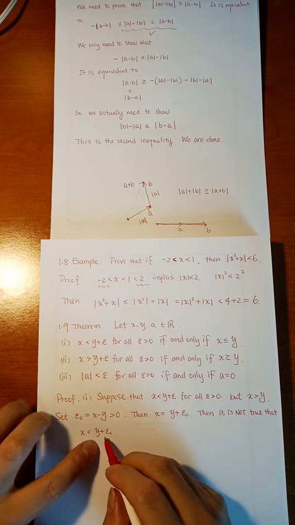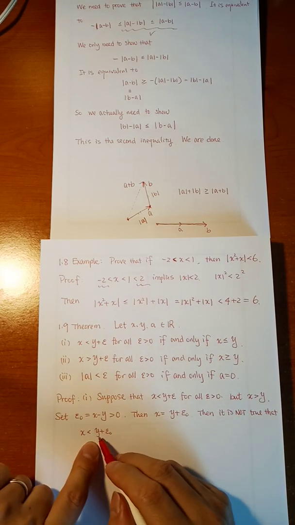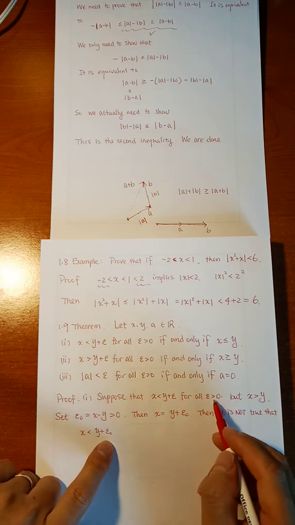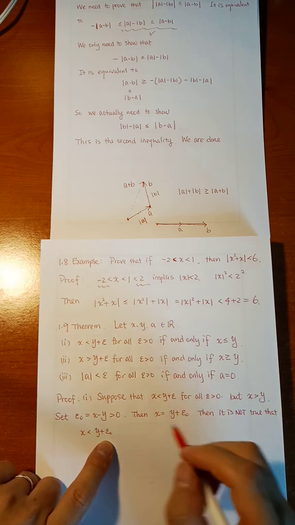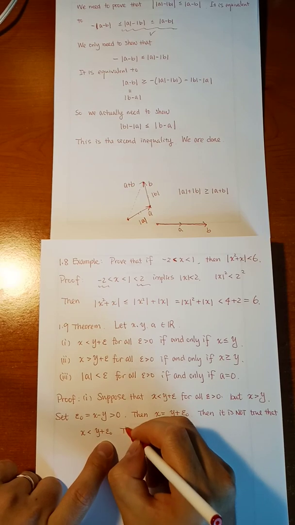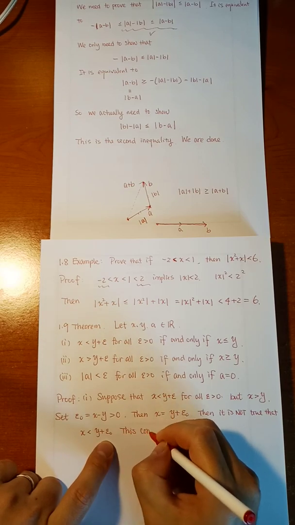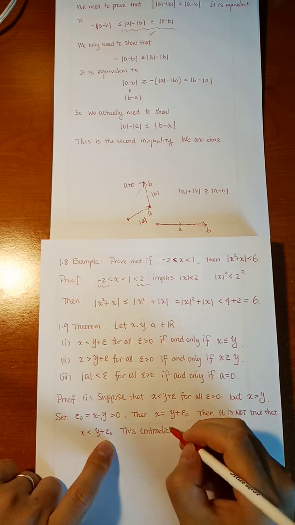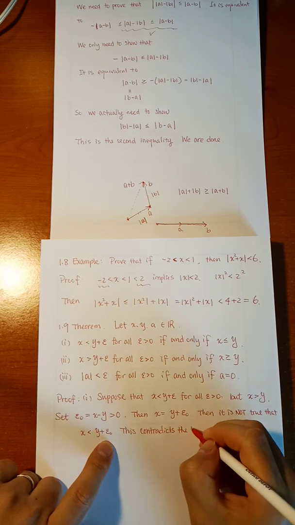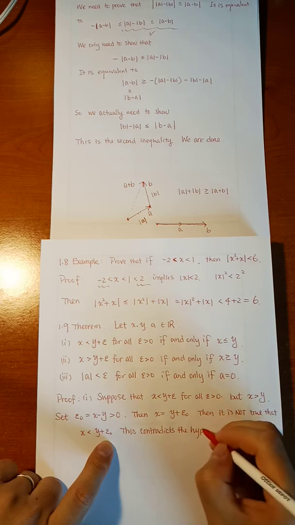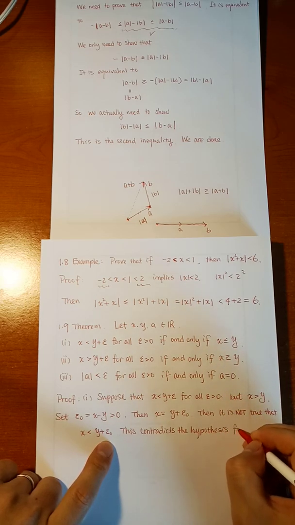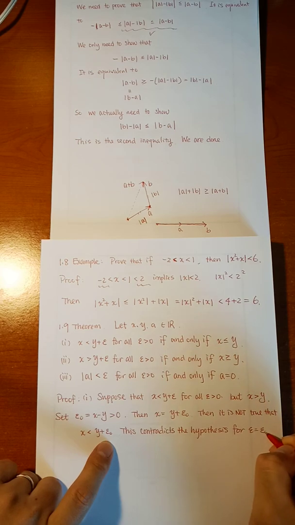Then you see here, you get something obviously wrong because you supposed x less than y plus epsilon for whatever epsilon. This contradicts the hypothesis for epsilon equal to epsilon 0.